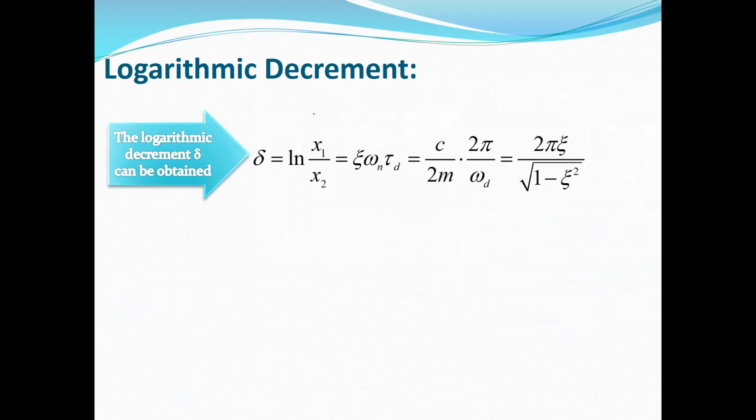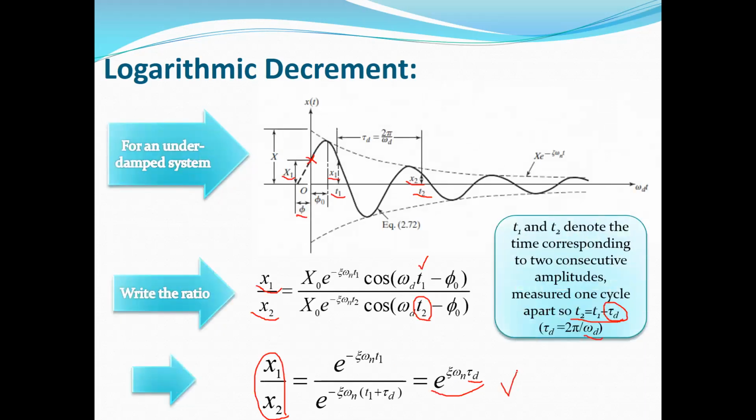If you calculate the ln of both sides of the equation, we will have the ln of x1 to x2 equal to ln of exponential of this term, and the ln of exponential is equal to the power of the exponential.